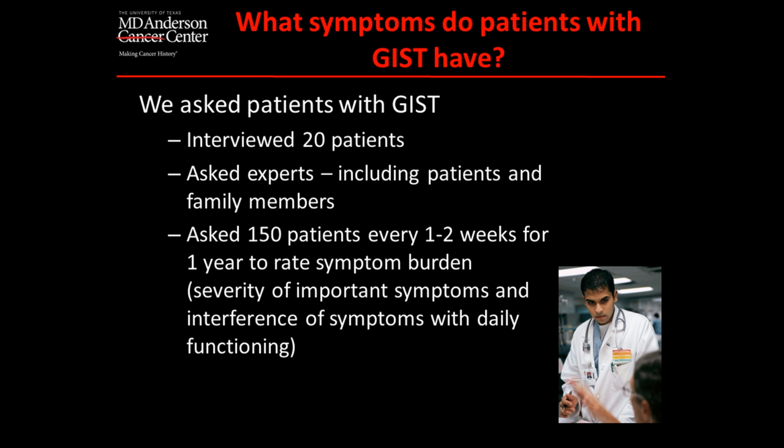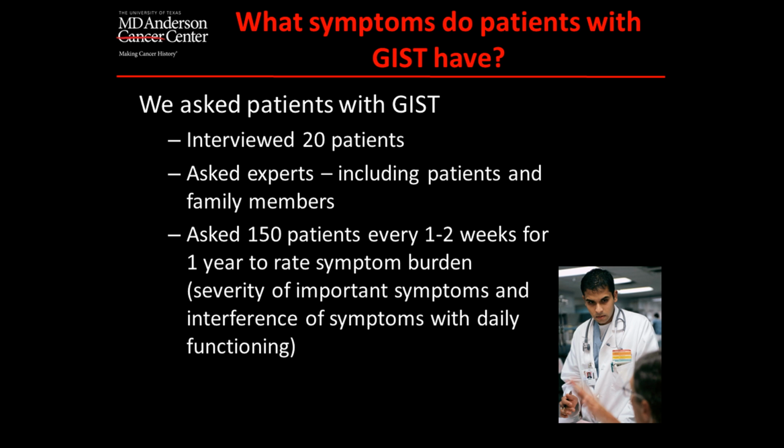Then we took that list, which was between 40 and 50 symptoms, and we asked a group of experts that included physicians who were caring for the patients with GIST, nurses, pharmacists, advanced practice providers, and other people involved in the care of the patients with GIST. We asked patients, and we asked some of the patients' family members, which of this total list of 40 to 50 symptoms they really thought were the most relevant to patients with GIST.